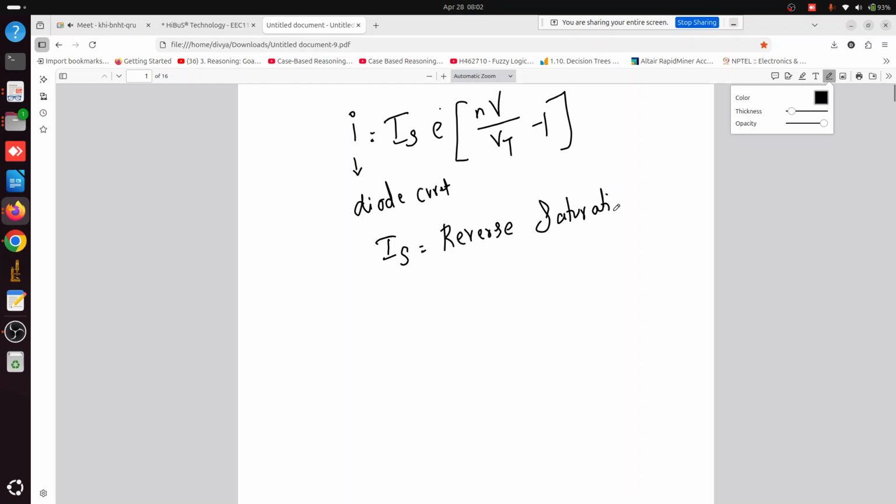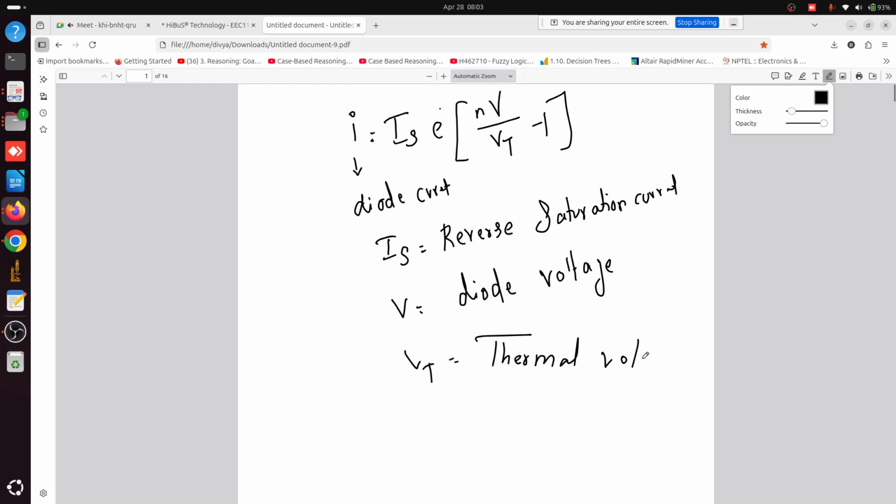So we have V here. That V is nothing but the diode voltage that we have given across the diode. And so we have VT, which is the thermal voltage. There is a value for this VT.